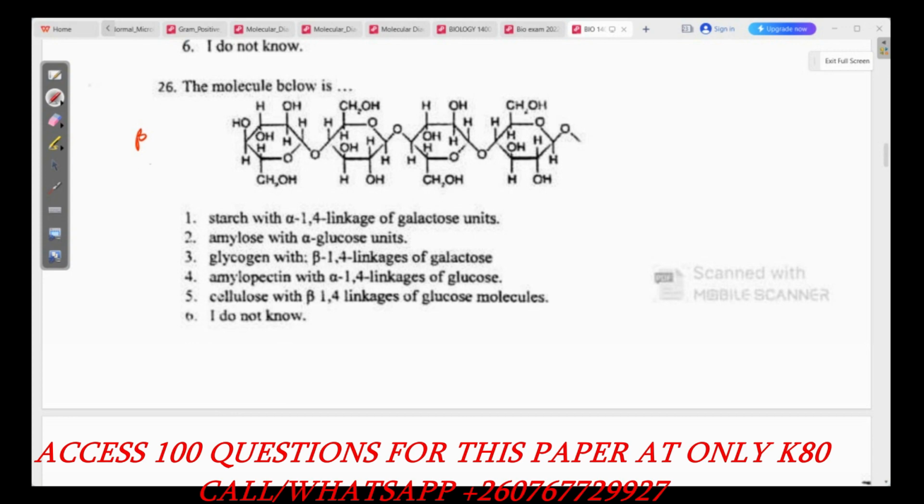So that is cellulose. You know that humans do not have enzymes which can digest cellulose. Why is it so? It's because of this bond formation, which is very rigid, such that only some animals can digest cellulose. That is why animals are able to feed on grass, because they have enzymes which are able to break down cellulose.